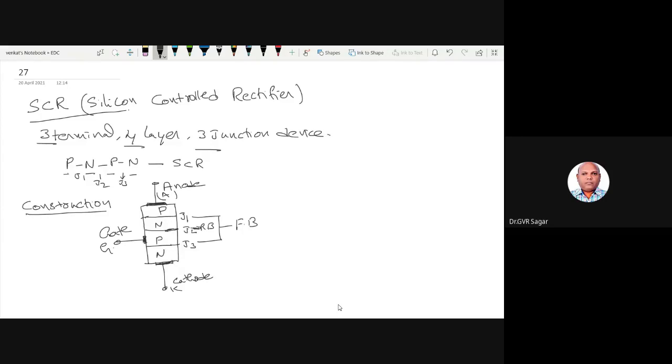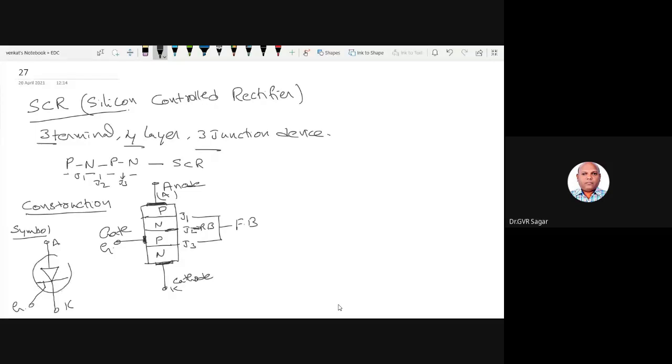And the symbol for this is a simple diode symbol, but the gate is represented in a different way. This is the cathode, this is the anode, and from this junction we place one terminal called the gate.